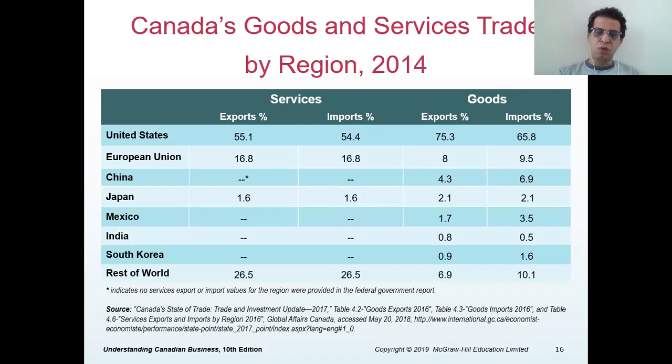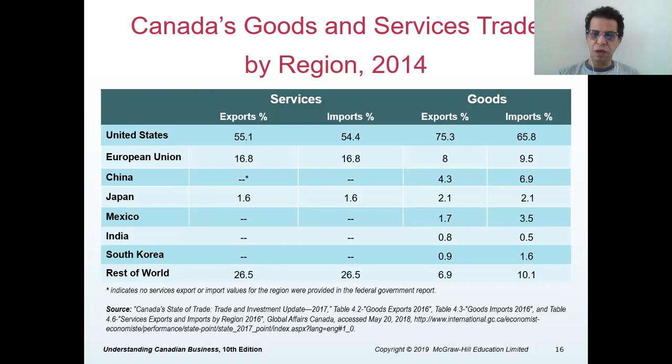Now, look at this one, the balance of Canada's goods and services trade by region in 2014. It's a little bit old, a few changes have happened here, but you look at it and start evaluating when it comes to goods and services.